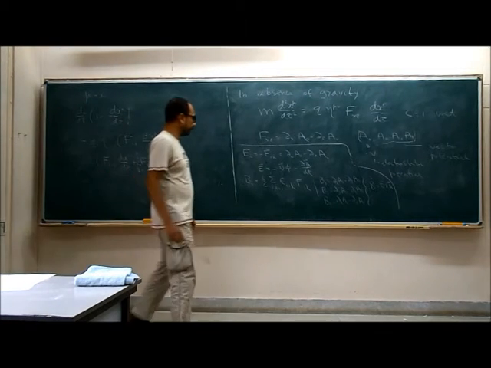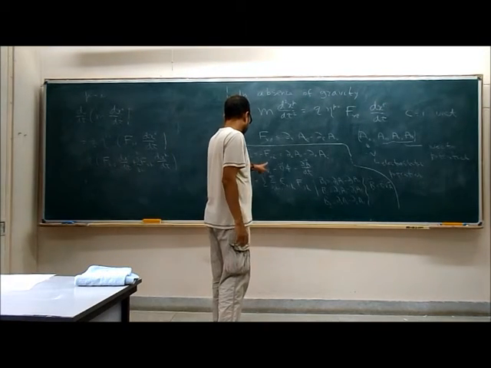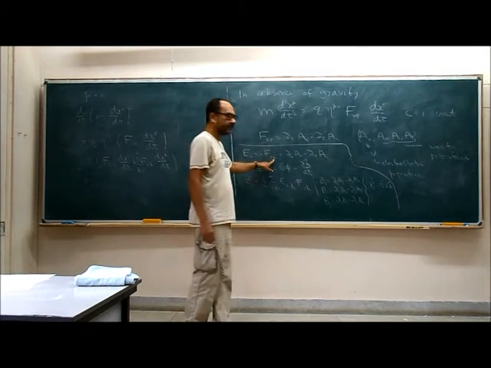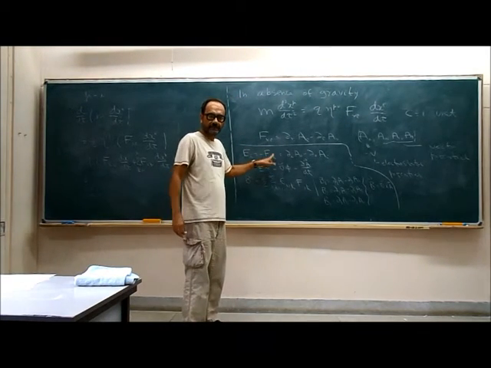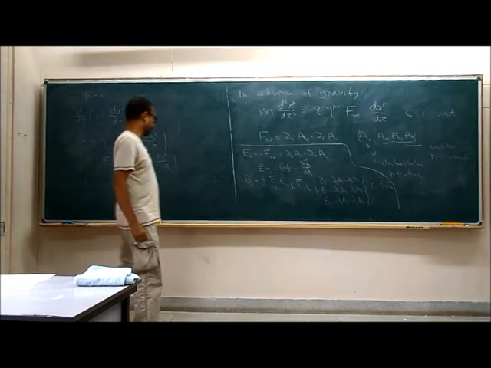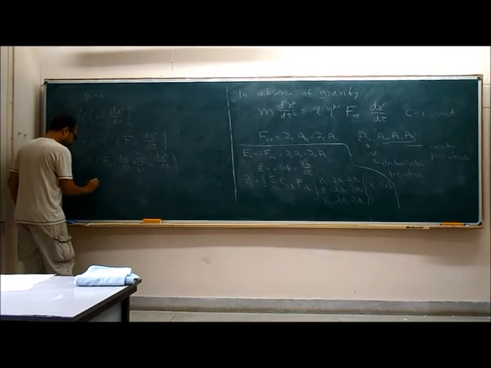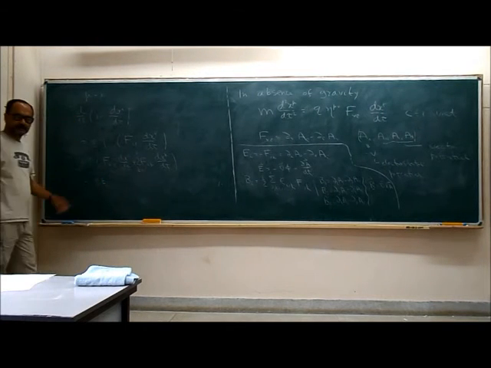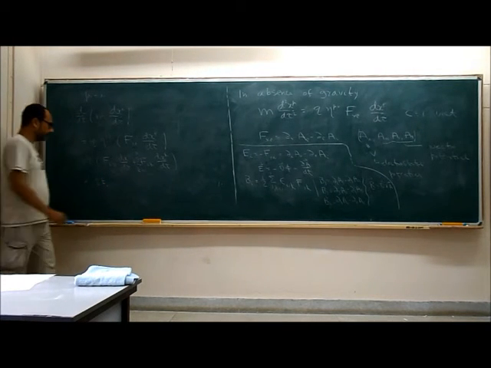Now what is F_i0? F_i0 is E_i, because minus F_0i is the same as F_i0, since F is antisymmetric in the two indices. So this is q times E_i, which is the familiar electrostatic force.